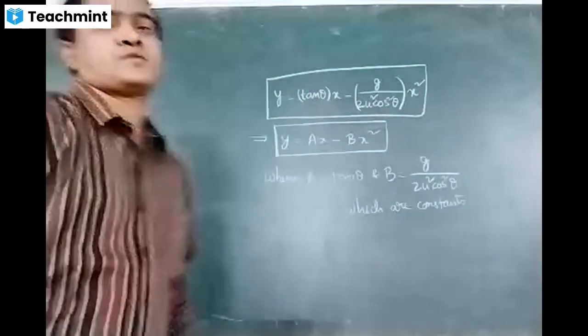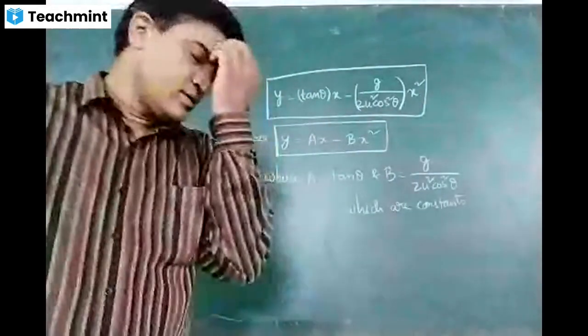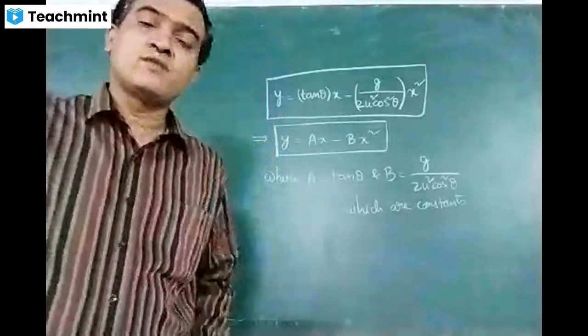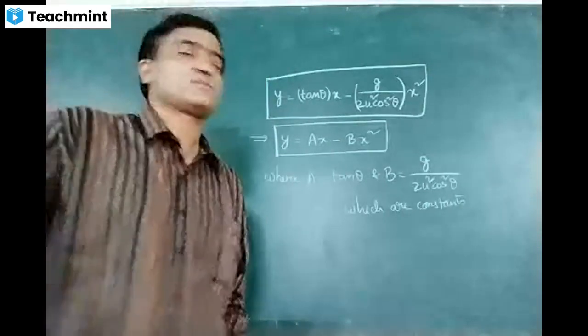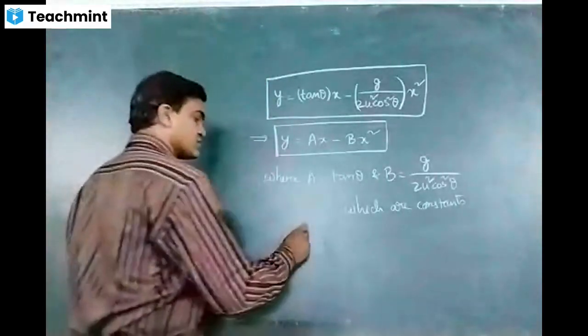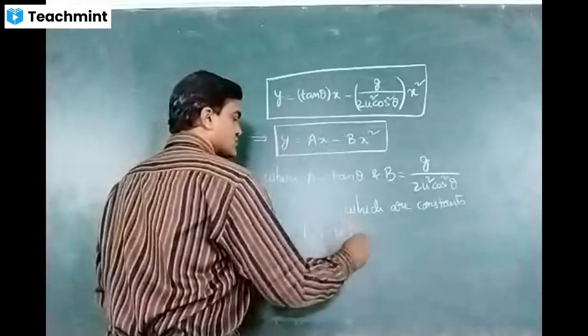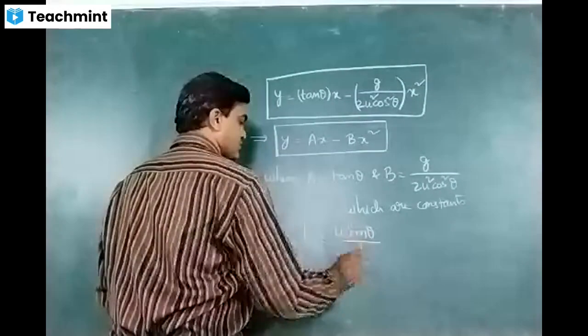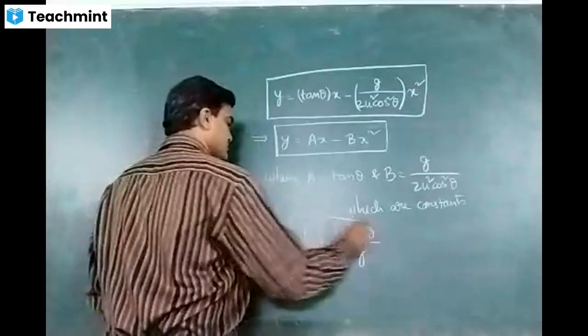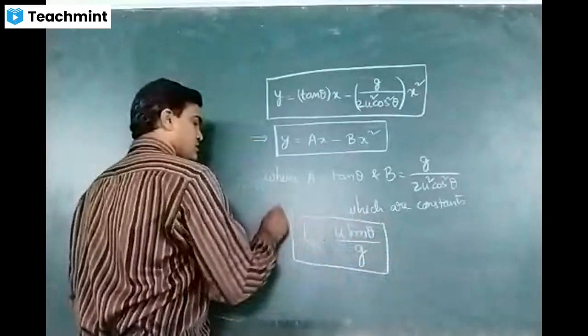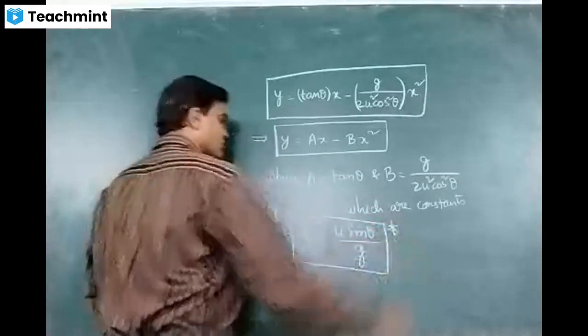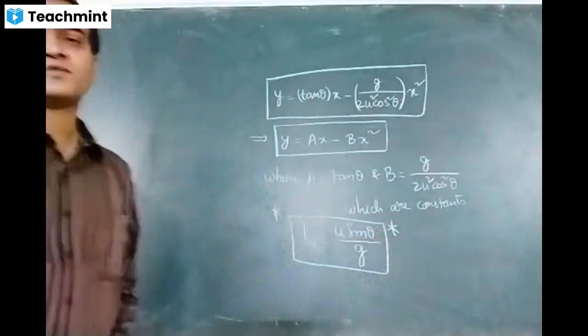Okay. So, and also we got the formula for time of ascent. Time of ascent of a projectile is equal to u sin theta upon g.